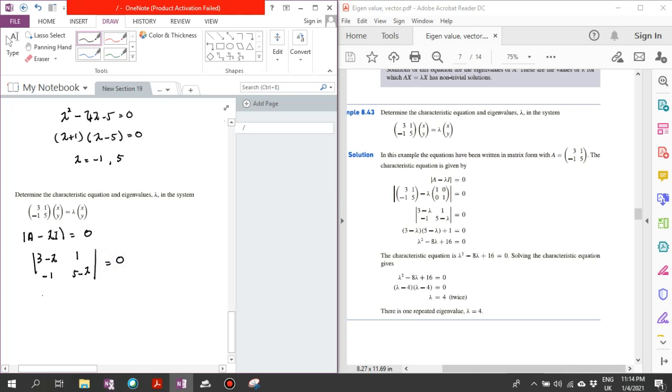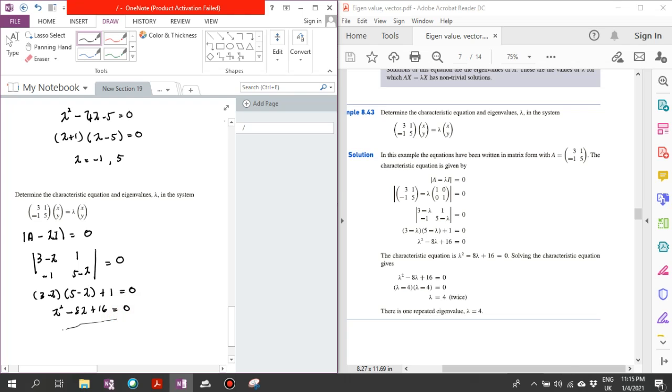So here you will get 3 minus lambda times 5 minus lambda plus 1 is equal to 0. You will get lambda square minus 8 lambda plus 16 equal to 0.